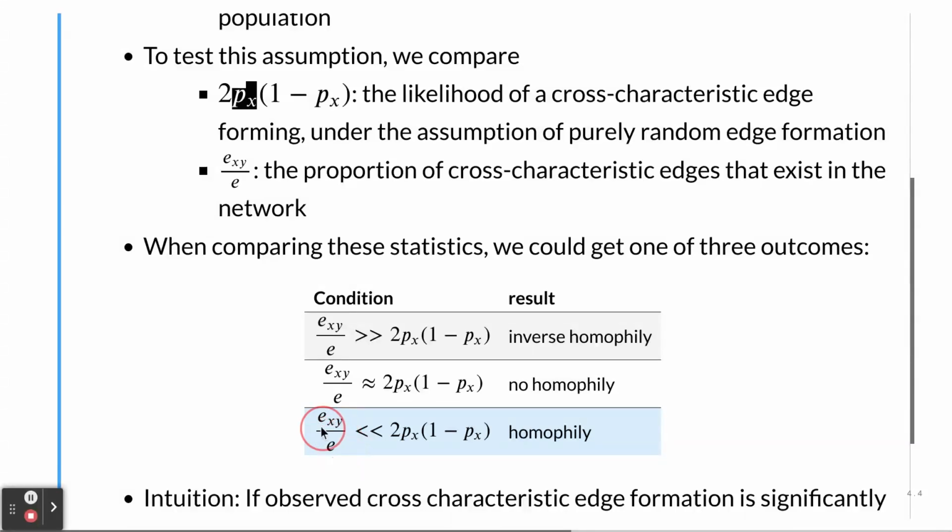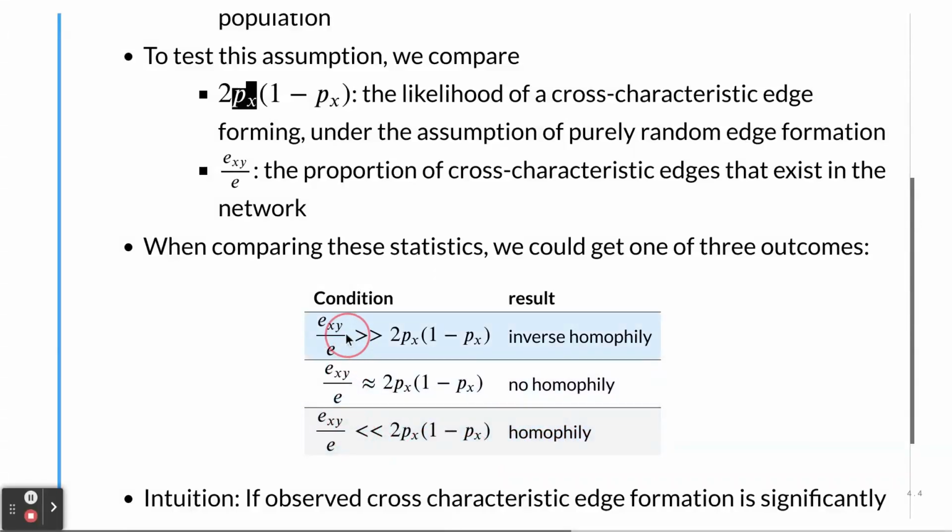And so if the proportion of edges that are cross characteristic matches is really small, what must be true is that the proportion of EXX or EYY matches must be relatively larger. And that's exactly homophily: two nodes of type X or two nodes of type not X must be more likely to have an edge formed than nodes of one X and one not X. So if the observed is significantly smaller than the expected, we say that there is evidence for homophily.